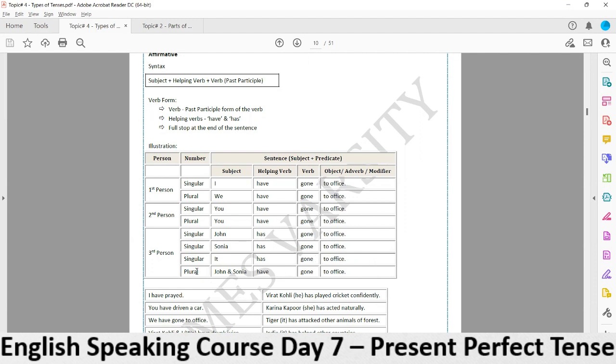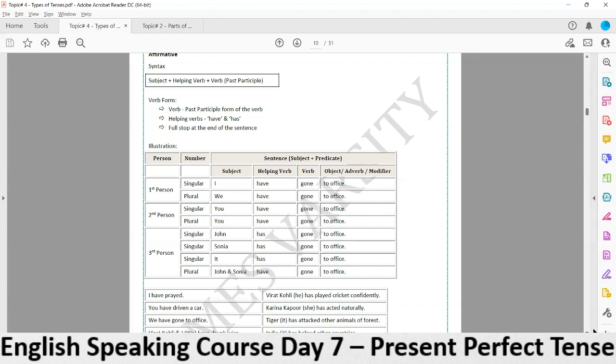And then in case of plural, John and Sonia have gone to office. So only for third person singular, the helping verb has is used, and for the remaining pronouns have is used. And the verb form remains the third form, and the remaining words of the sentence.